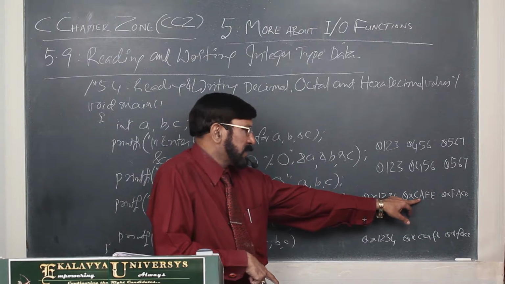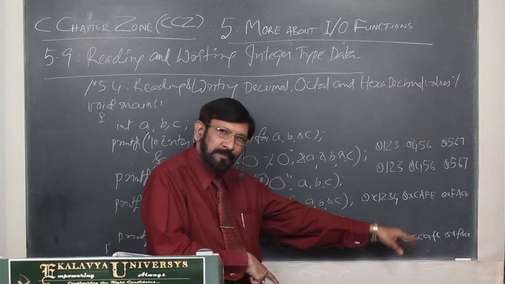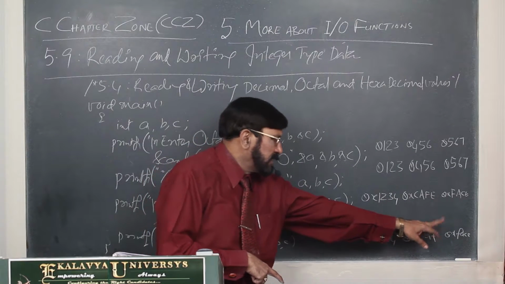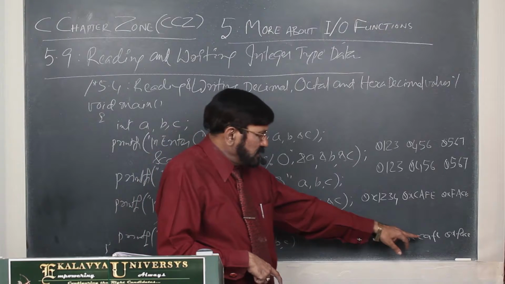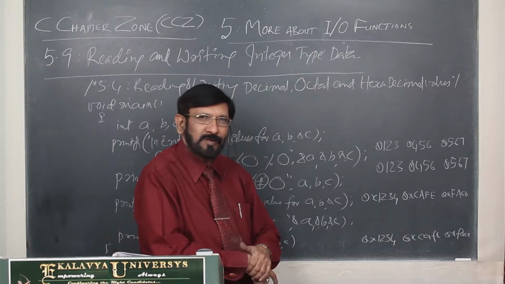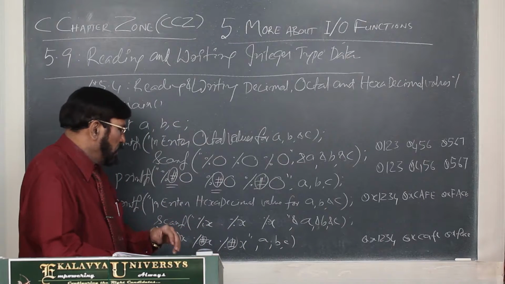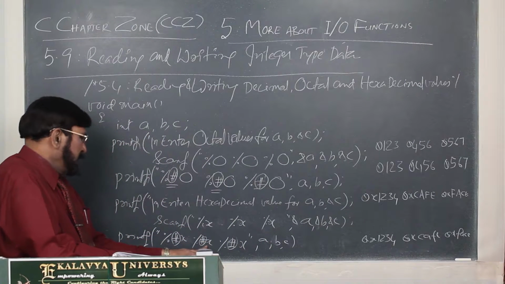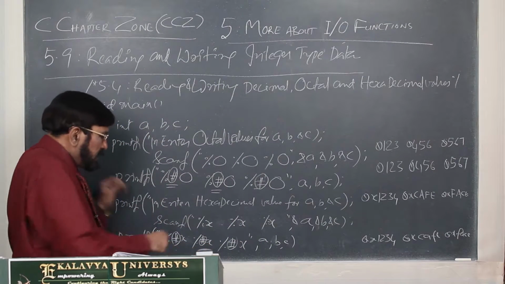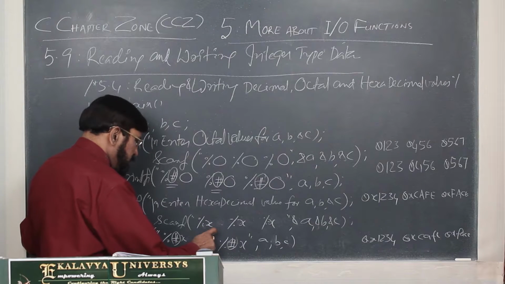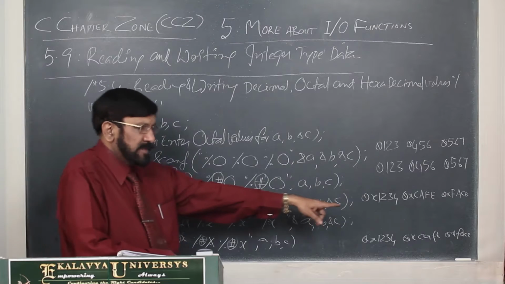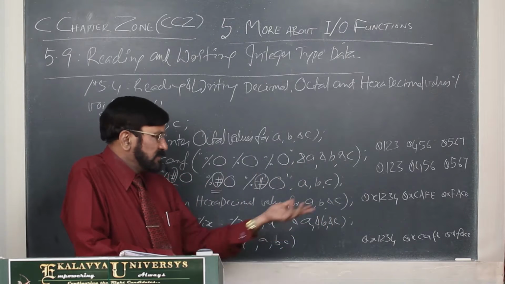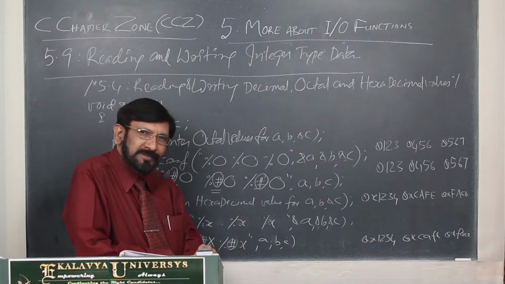Here I have given uppercase, but by default these are printed in lowercase. Can't we print in uppercase? We can. How? Here in printf, I have written lowercase x. Instead of lowercase x, you write uppercase X. Then the abcf is printed in uppercase. Face also is printed in uppercase.